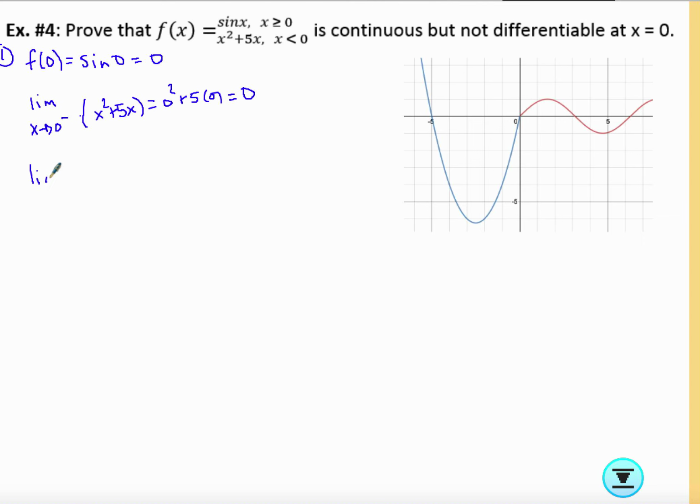Now let's look at the right-hand limit. This is going to use the sine of x because that's where all your values to the right of 0 are. So that's going to give me the sine of 0, which again we know is 0. So we see that 0 is equal to 0 is equal to 0. This is a continuous function at x equal to 0.